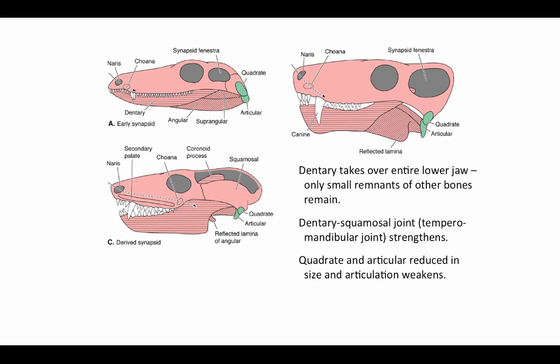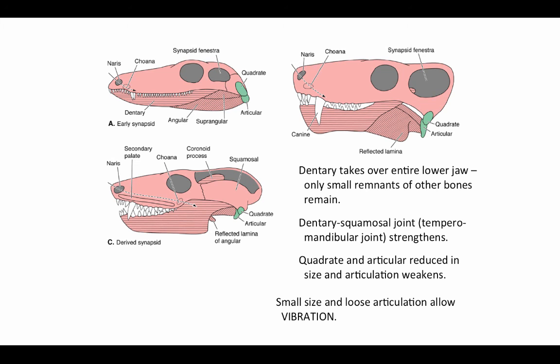And so as these bones that used to form the jaw joint lose that function, they become more weakly articulated and become very, very small in size, which makes them very adept at vibrating in response to airborne sounds. Even fairly high frequency and low amplitude sounds are going to cause these to vibrate.